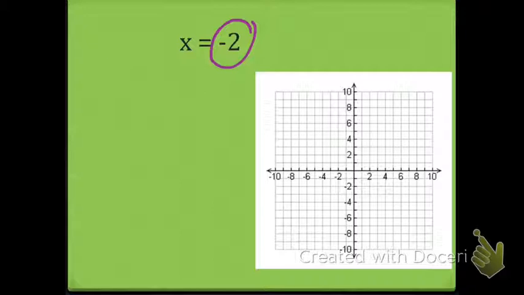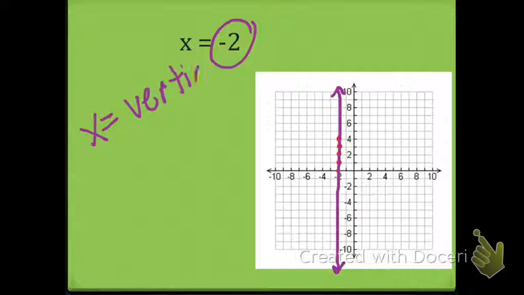So at negative 2, you would put a dot at the negative 2 on the x-axis because there are no y's. And so everything that you would graph with that x would be on that line. Therefore, x equals negative 2 or x equals anything would be a vertical line. And there is no slope. The slope on that is undefined.